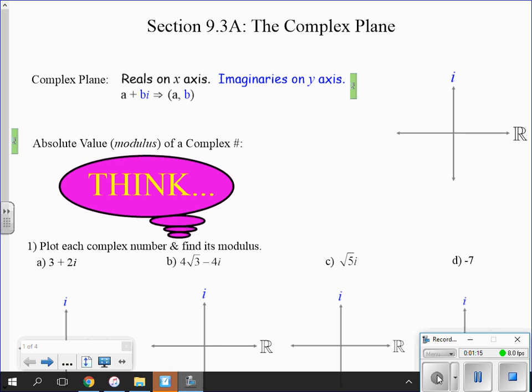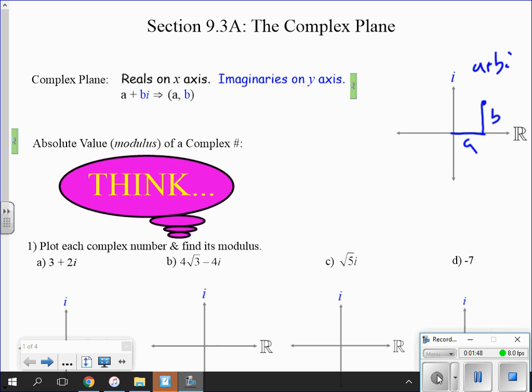So you're just plotting the point out. It works like an x-y axis. So if I plot the point (a, b) for a plus bi, this is the b, that's the a. The real portion of your complex value gets plotted on the x-axis. The imaginary portion goes on the y-axis. Just a coordinate system, just like regular coordinates.